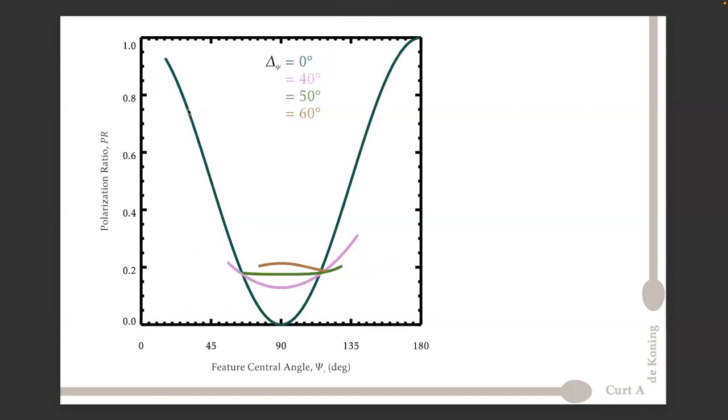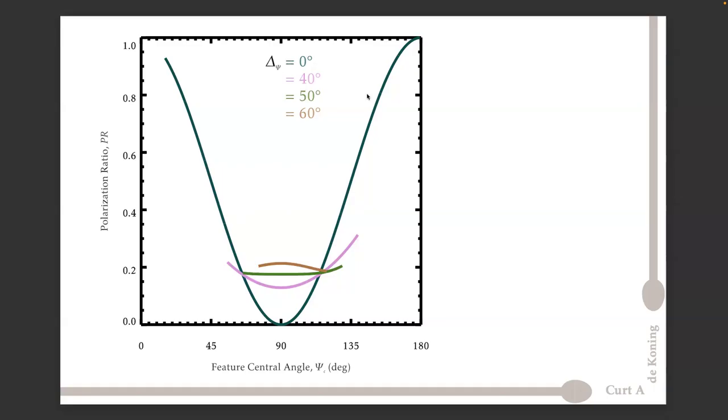This is a similar plot again, except now we have polarization ratio versus feature angle, the central angle of the feature, for fixed values of the width of the feature. Each colored line corresponds to a different fixed width.